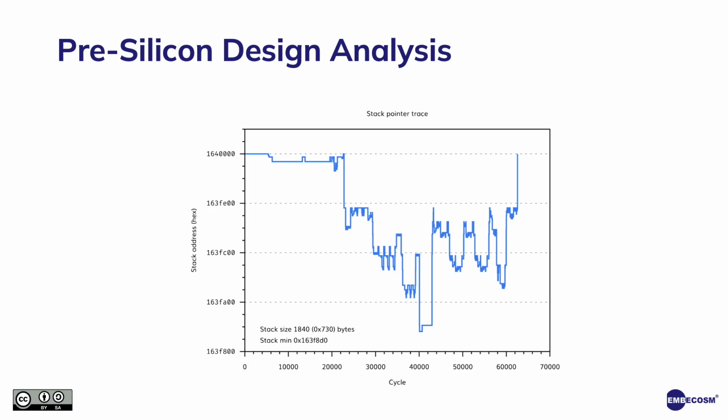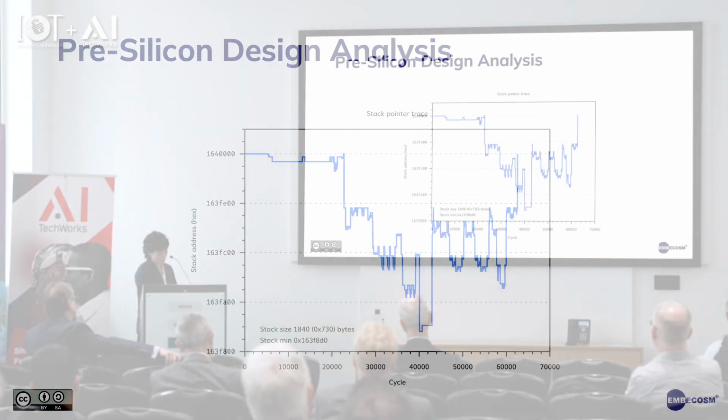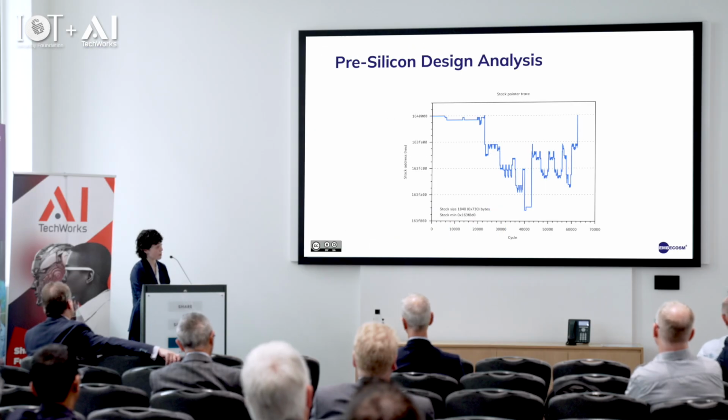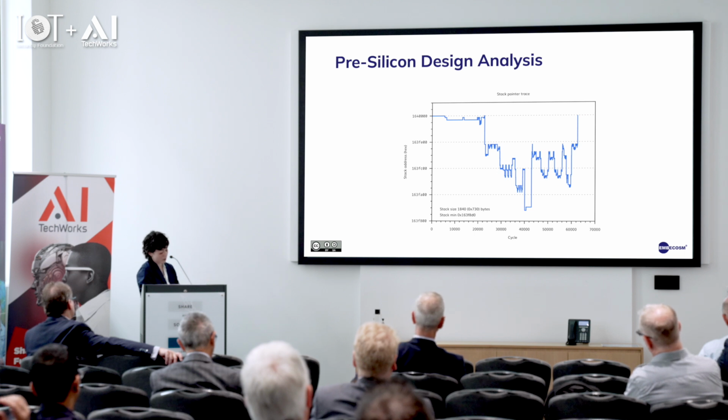And this isn't an estimate, it's the exact stack usage. With this, we can see the peak stack depth and determine the exact amount of RAM to allocate. For a system where we only have a few megabytes of RAM, knowing this precisely is critical. So yeah, this level of tracing is really helpful for us.